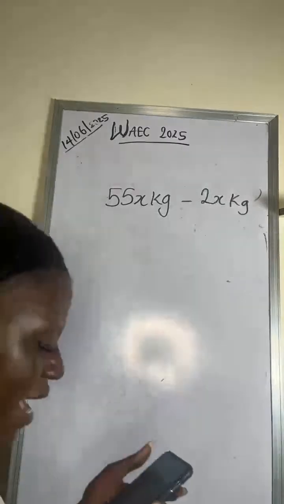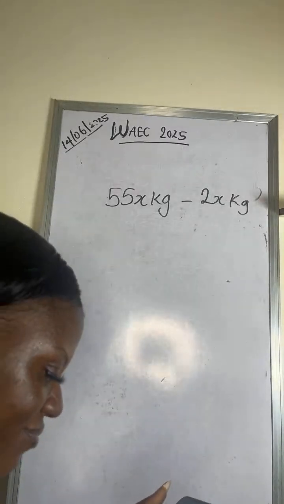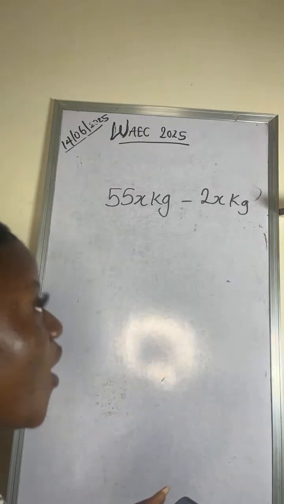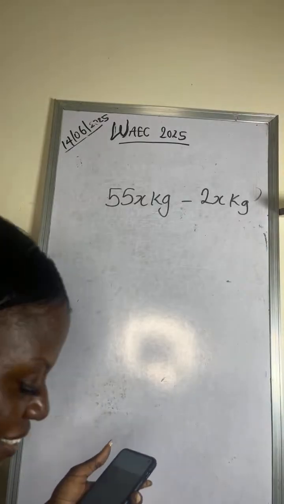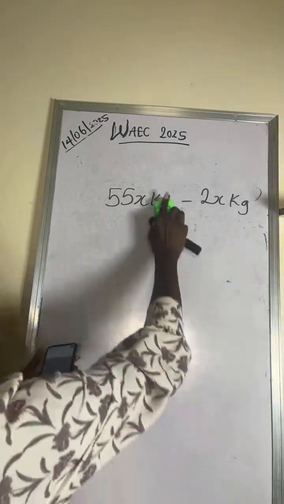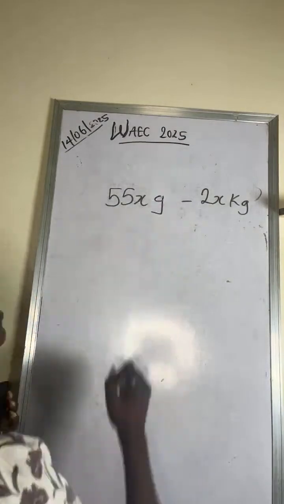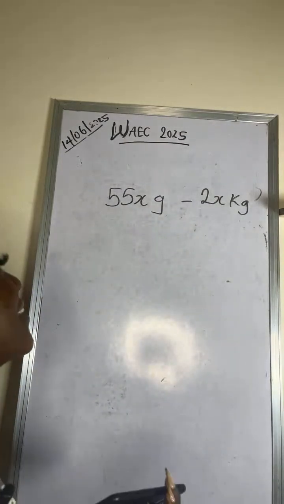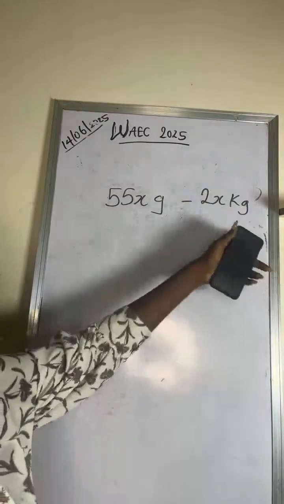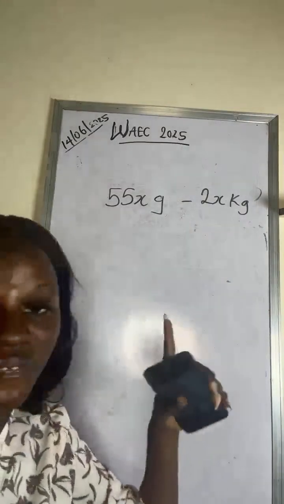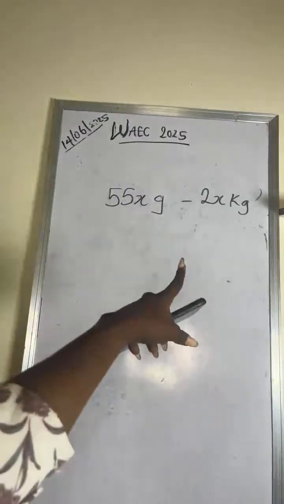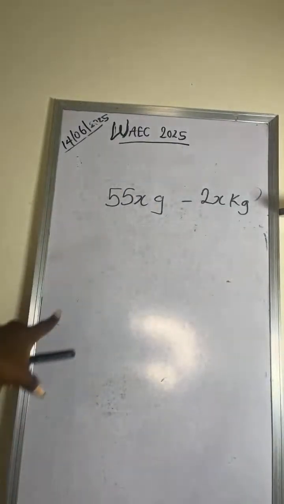Like, why would they ask this? Oh, but they said give your answer in grams. I get it now. So this one is in grams, and they say your answer should be in grams. So one is in kilogram and the other one is in gram. So you have to convert the one in kilogram to gram. Then you can subtract.